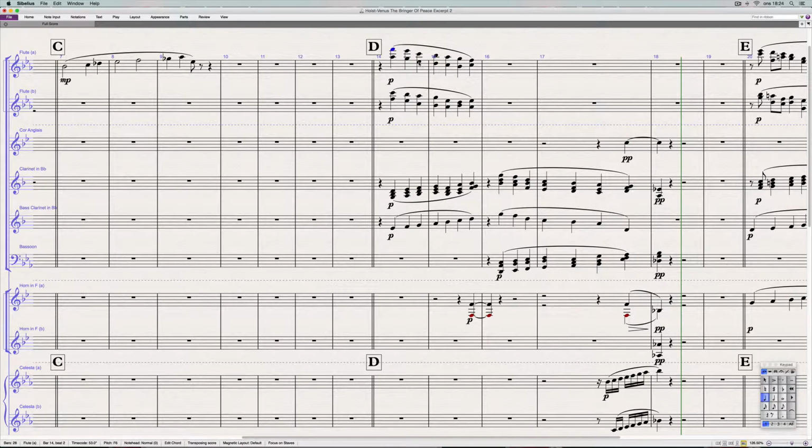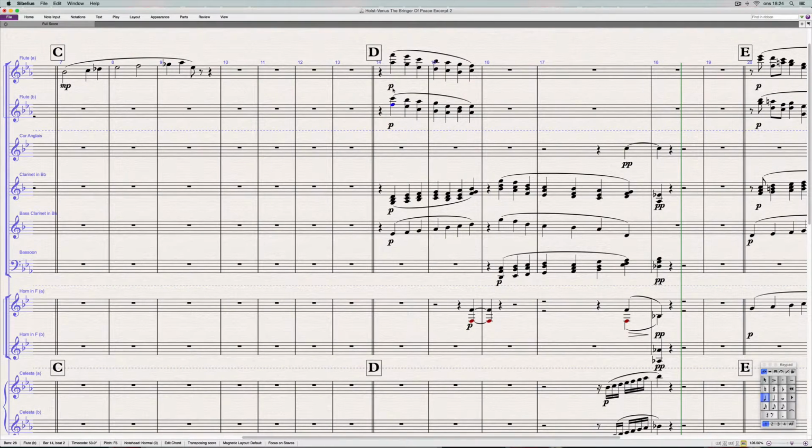If you see the orchestration here, it looks a bit deceiving, but what it is is the parts sort of leapfrogging each other here. So this is the highest part, this is second highest part, third highest, and the lowest.